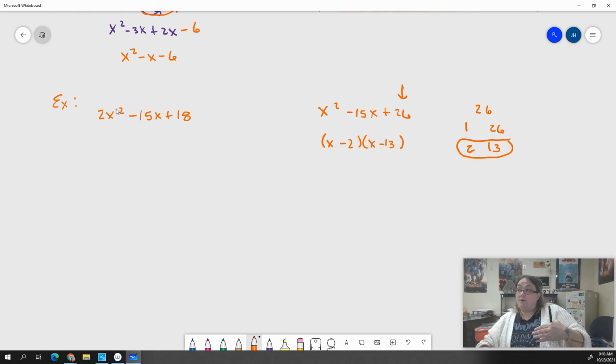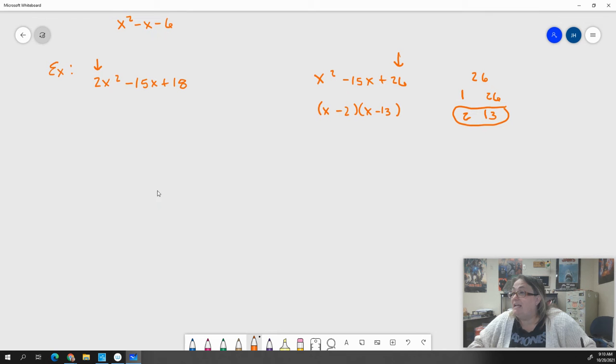When we're starting with an a that's something other than 1, in this case we've got a 2 here, it's a little bit different, right? Because we can't just take the factors of 18 anymore. Some of you learned stuff like in Algebra 1 or 8th grade math, where you did a thing like this and put stuff in here and stuff in here.